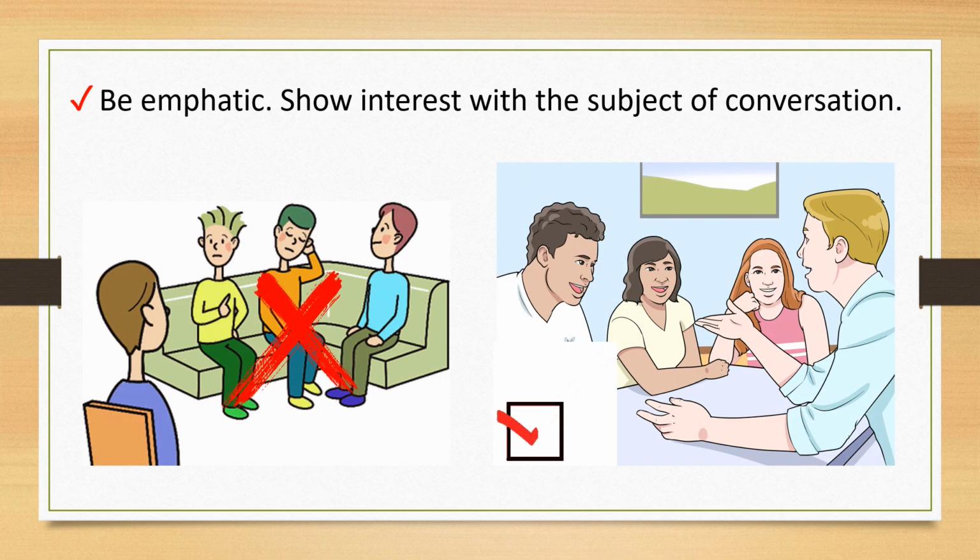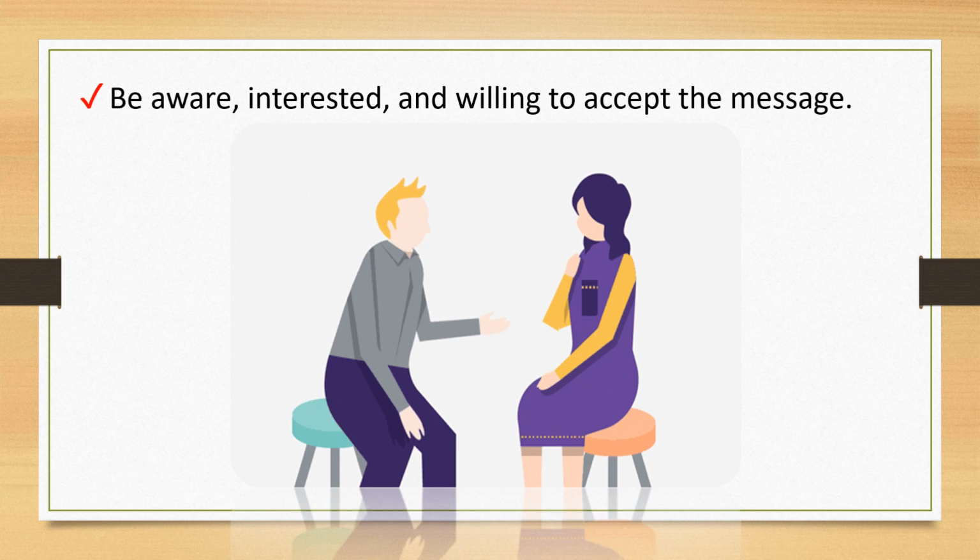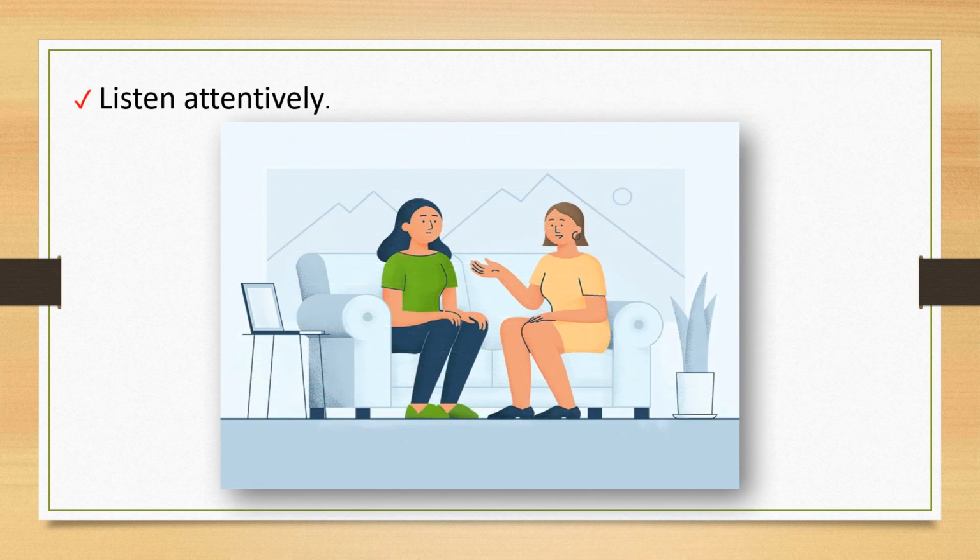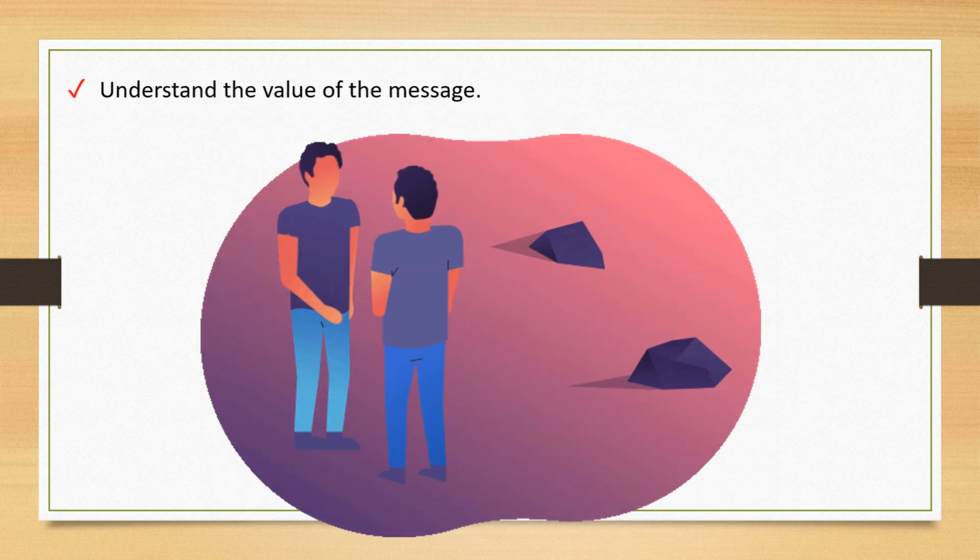Show interest in the subject of conversation. Number 3. Be aware, interested, and willing to accept the message. Number 4. Listen attentively. And number 5. Understand the value of the message.